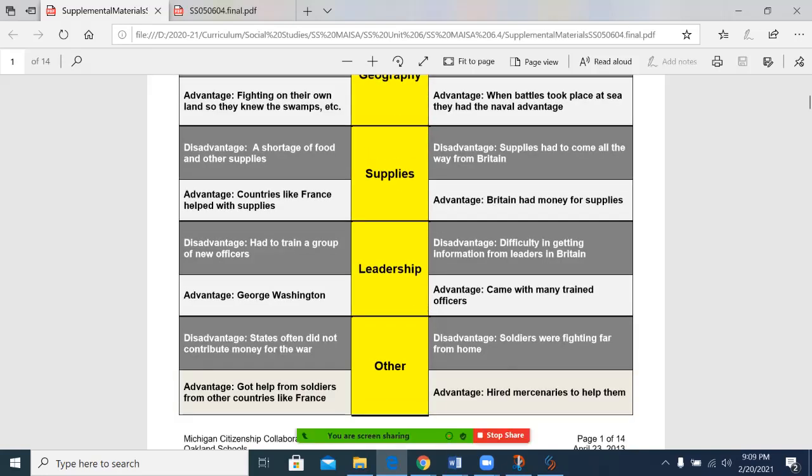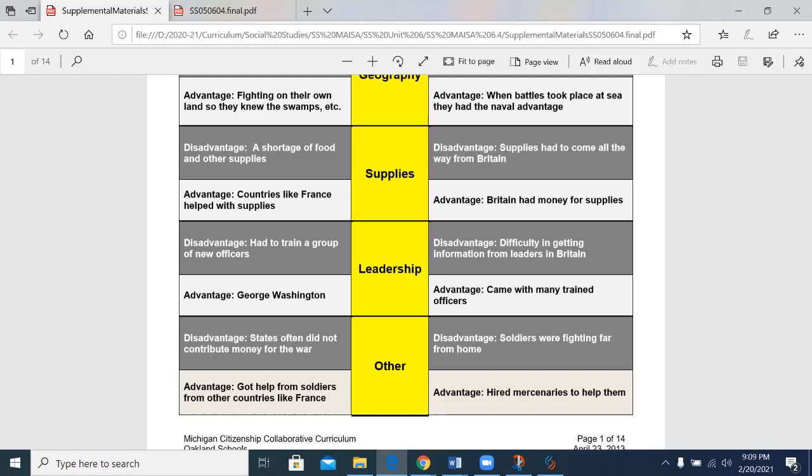Supplies. The disadvantage is there was a shortage of food and other supplies, but we did have the advantage that France did help. We did make an alliance with the French and the Spanish too, because they looked at it this way: their enemies are the British, so the enemy of their enemy is their friend.